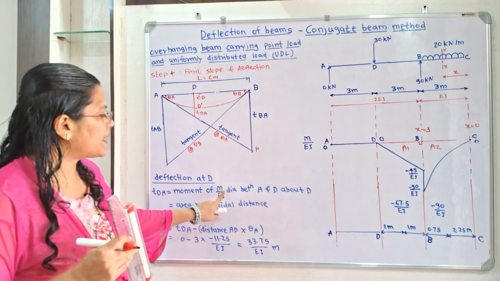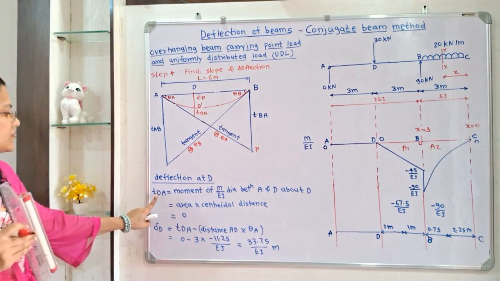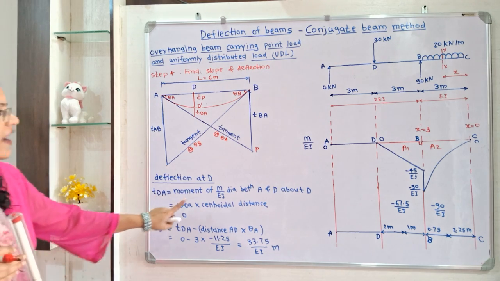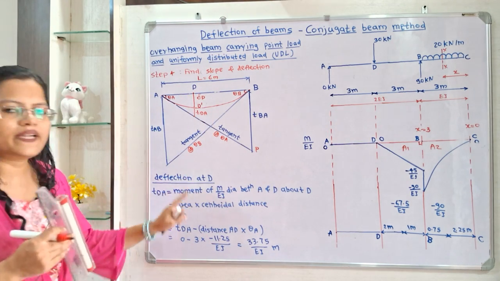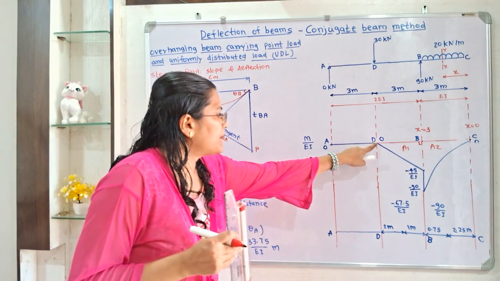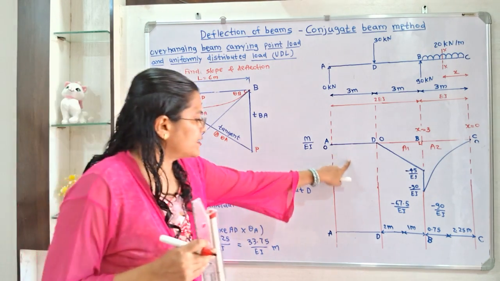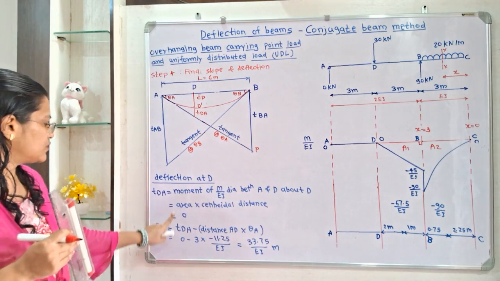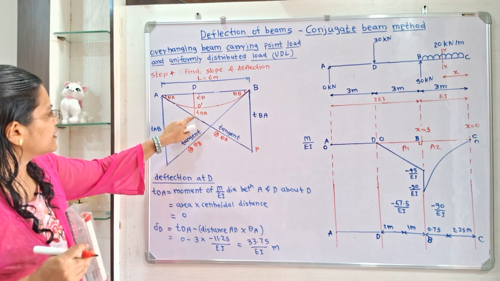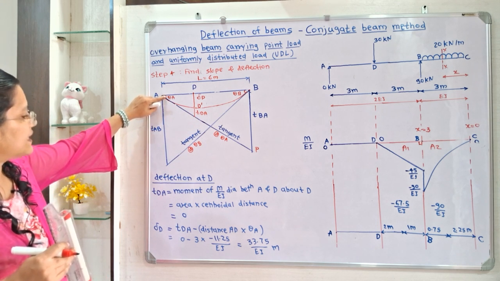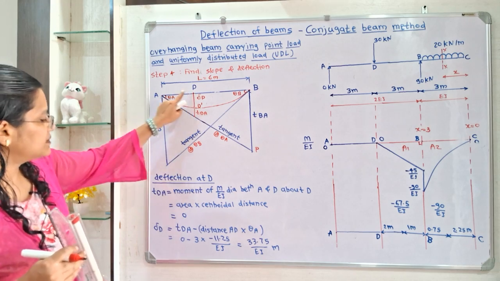So how to calculate this? It is the moment of M by EI diagram between A and D about D. Because there are 2 points D and A, we have to take the moment of the M by EI diagram. We know how to take this moment, that is area multiplied by centroidal distance from D. So if we observe, there is no area and no centroidal distance, so TDA is equal to 0, and therefore delta D is equal to TDA, that is 0, minus this theta A, it is minus 11.25 by EI multiplied by 3.